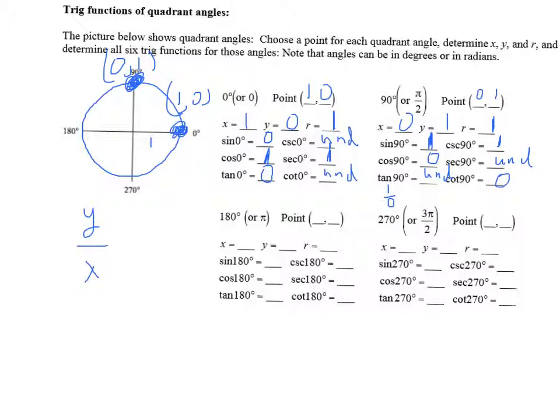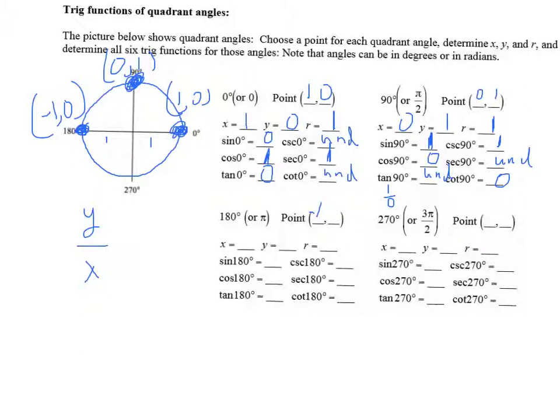I'll let you stop and think about it. Stop the video and think about what happens at pi radians, or 180 degrees. Those are the coordinates because the radius is still 1. Fill this in and see if you can agree with my answers.